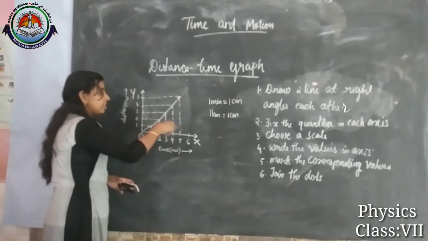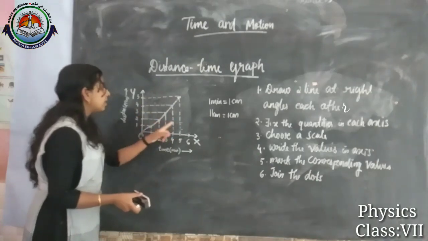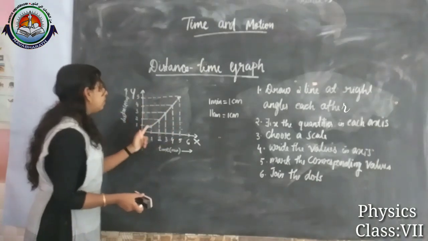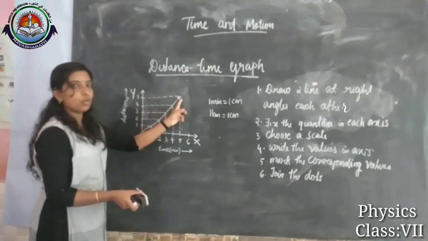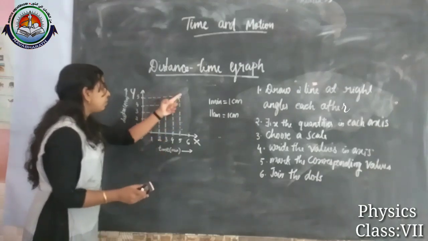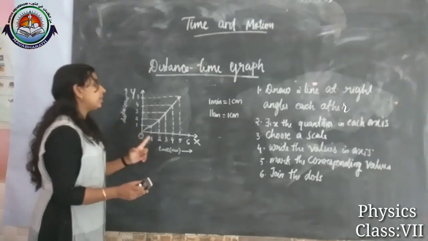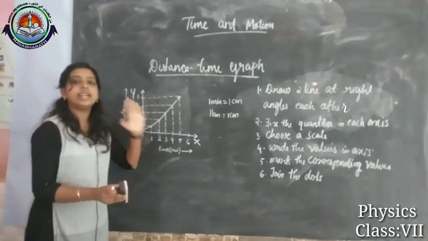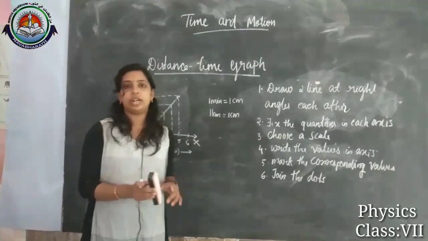Like that we are just doing it. After marking the corresponding values, we will get some dots. Here you can see there are 5 dots, and the last point is we have to join the dots. Then what will we get? We will get a straight line distance time graph.